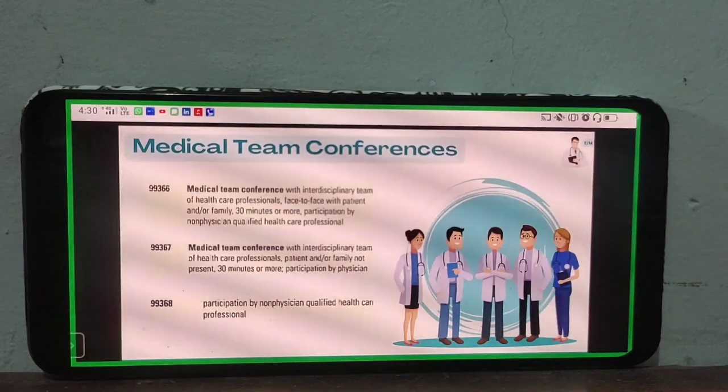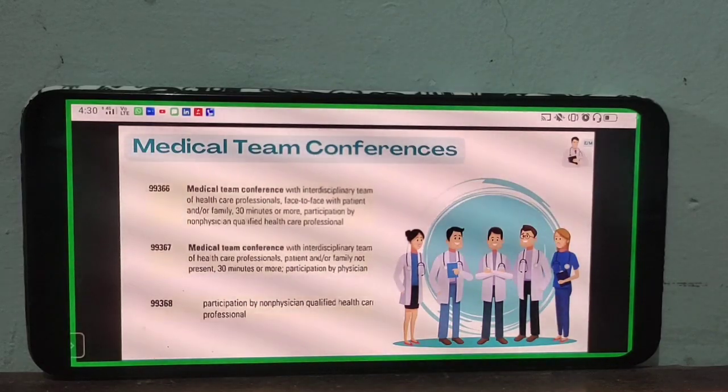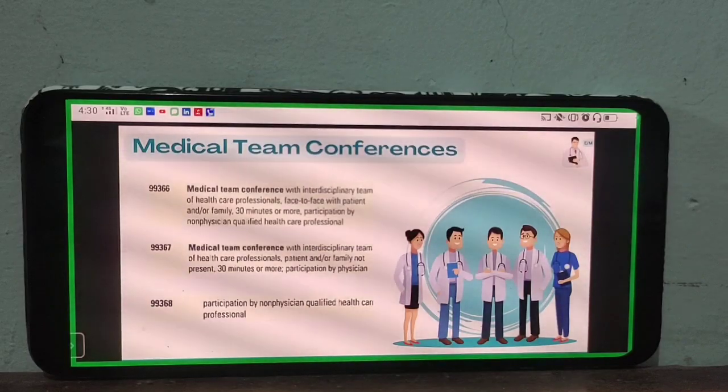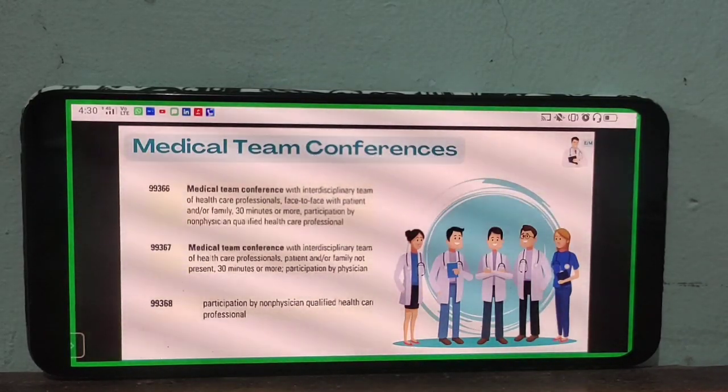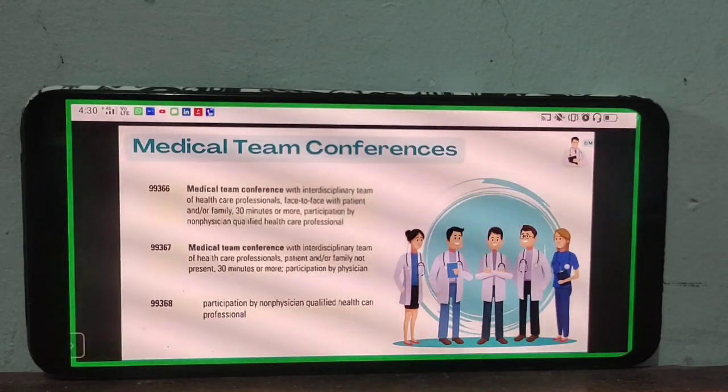Can you explain once again 366 and 367, ma'am? 66 and 67, ma'am. Okay. In 366, a minimum of 3 professionals from different specialties must be present.